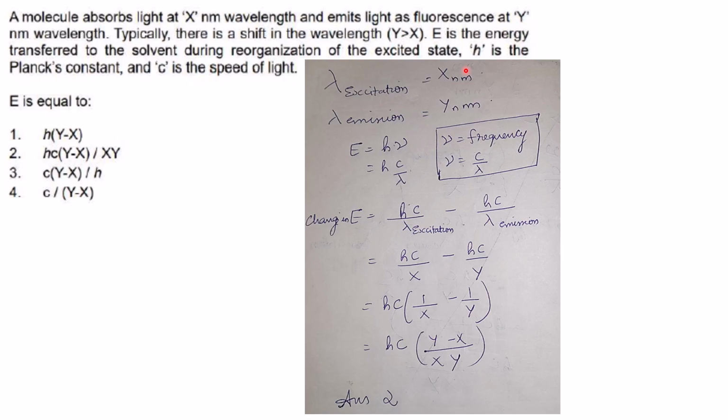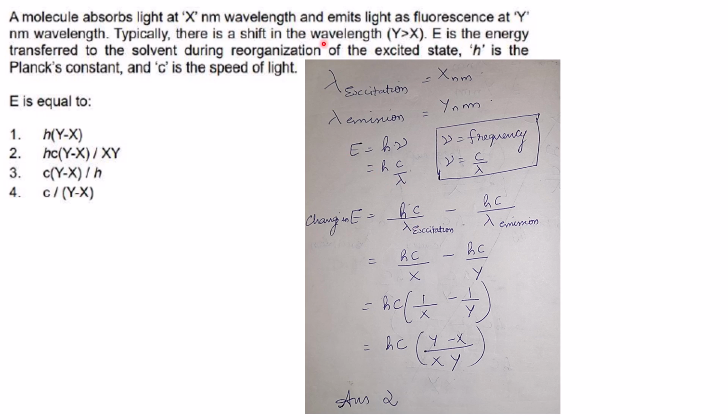Now if you know the formula, you are studying it from your high school, E is equal to H mu, where H is the Planck constant and mu is the frequency. And frequency can also be written by the formula C by lambda, where C is the speed of light and lambda is the wavelength. So E is equal to hc by lambda.